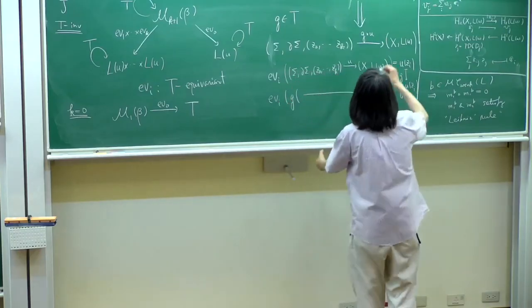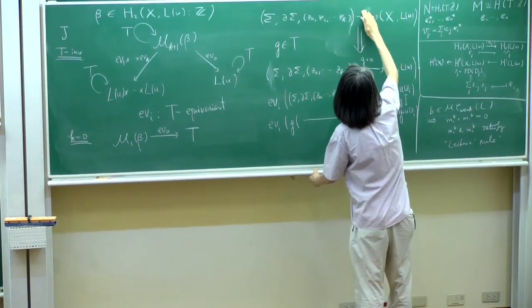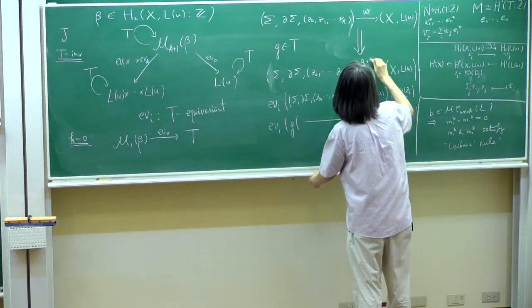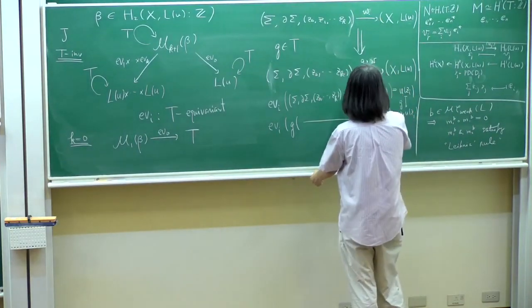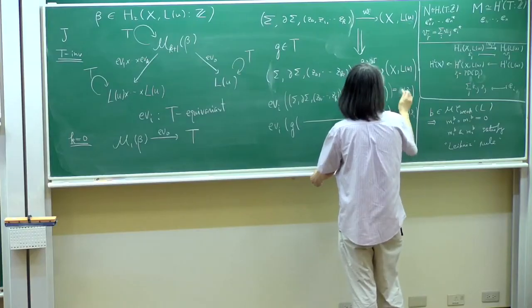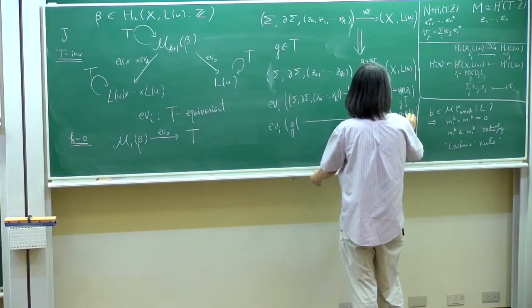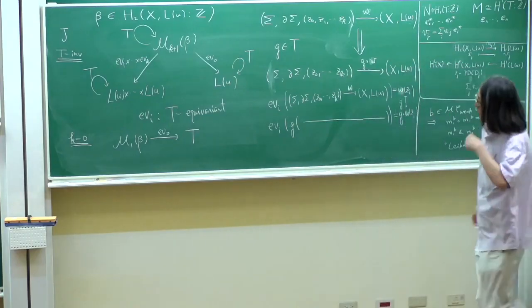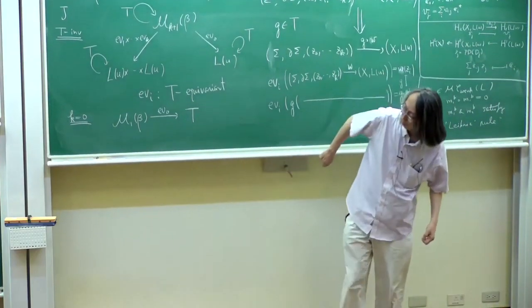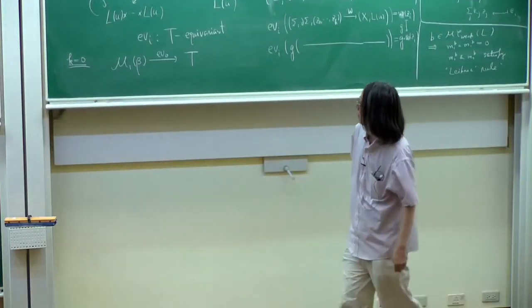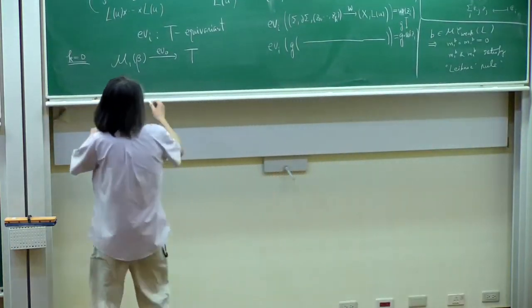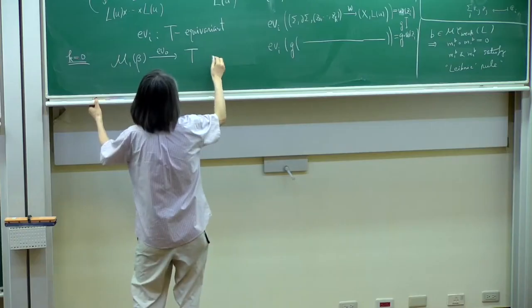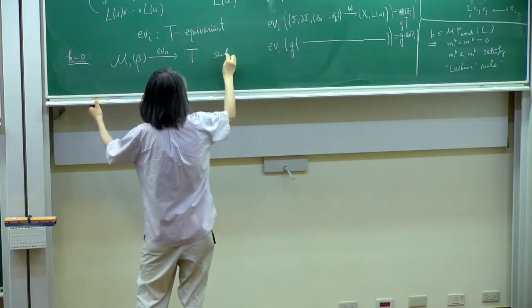Then maybe I just use w or something here. And then this is T equivariant, and this is certainly a submersion, right?